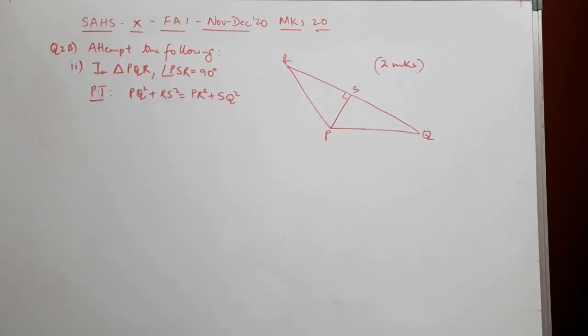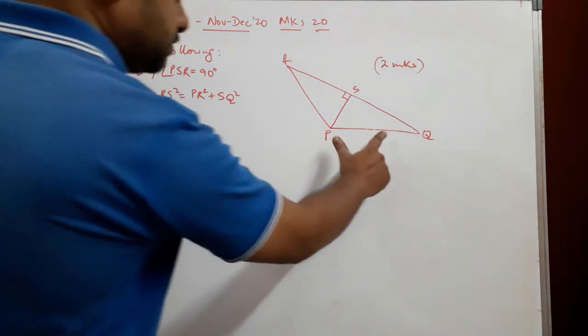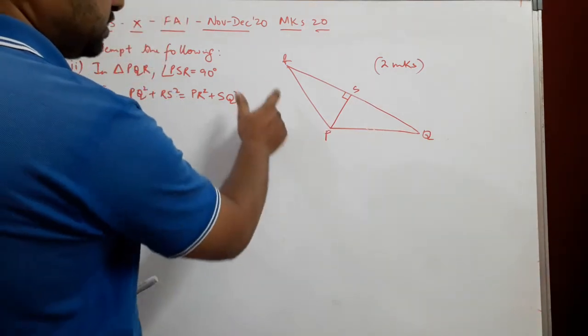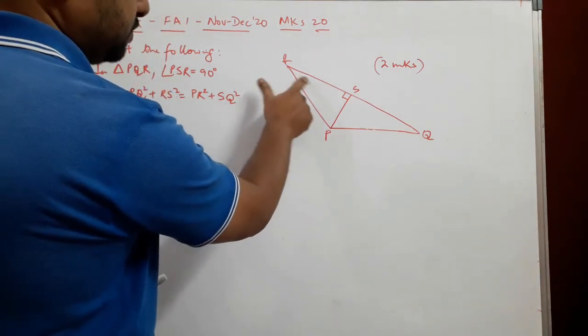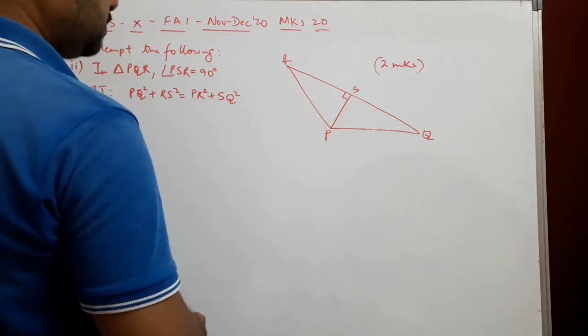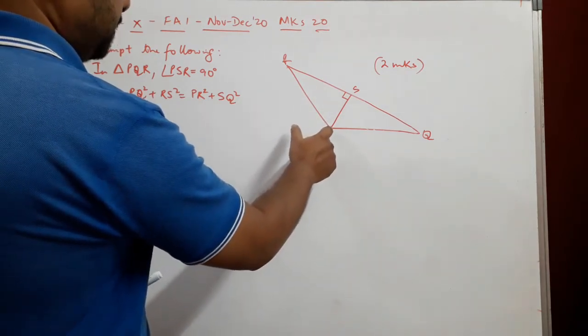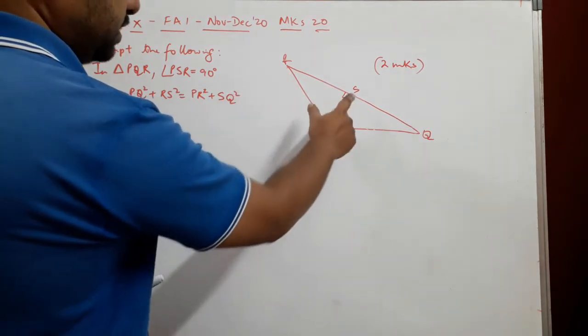Question 2b, second problem: in triangle PQR, angle PSR is equal to 90 degrees. Prove that PQ square plus RS square is equal to PR square plus SQ square.